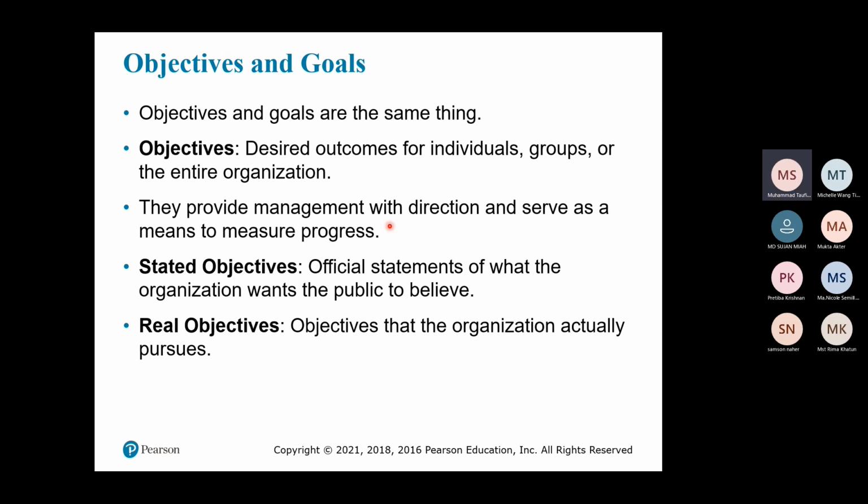Which one is more directional? Of course, it is 1,000 customers. Why? Because you know the numbers. Numbers can represent the direction, so you know what your target is. You clearly can see, oh, I want to have 1,000 customers.